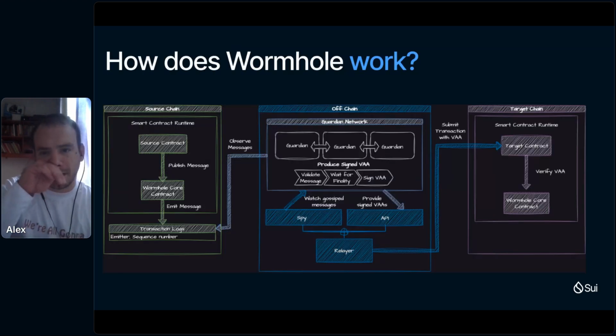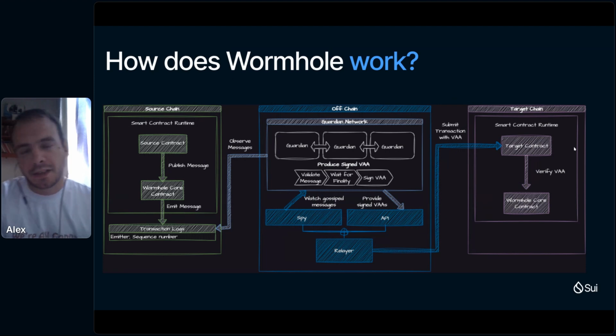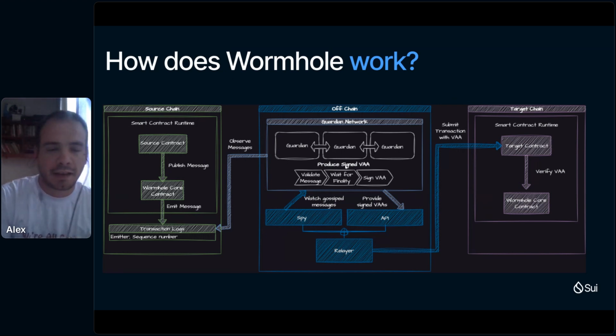Okay, going on. Let's explain really briefly what Wormhole is. Wormhole is this blue rectangular thing in the middle, and here we have the source chain, and here we have the target chain. So Wormhole facilitates messaging between two different blockchains. They also have some guarantees because Wormhole has a series of guardians.